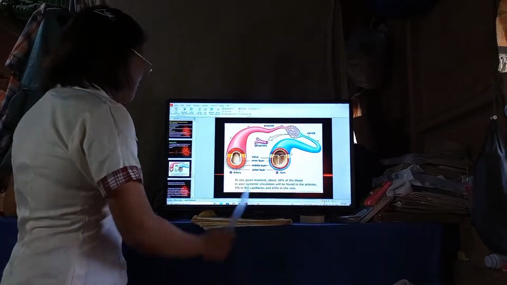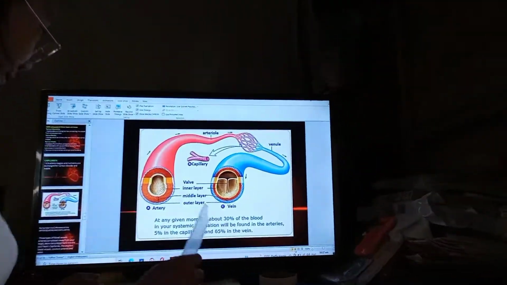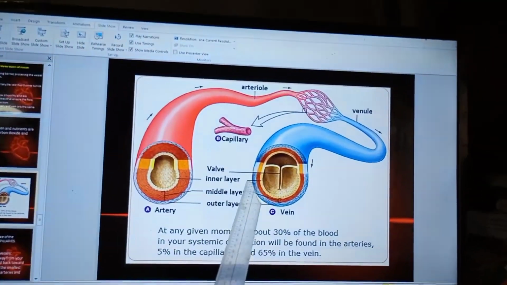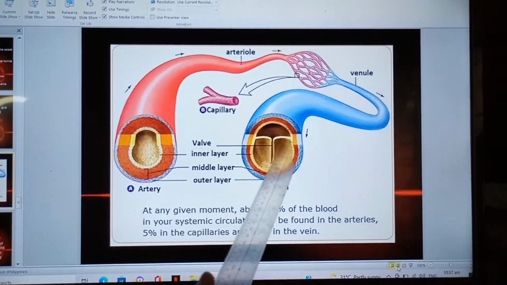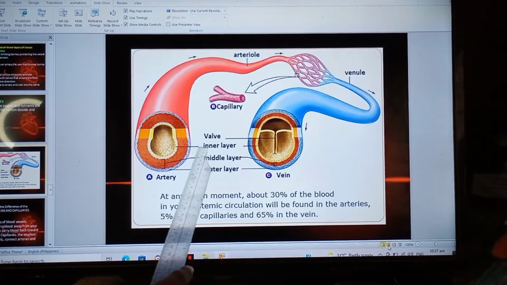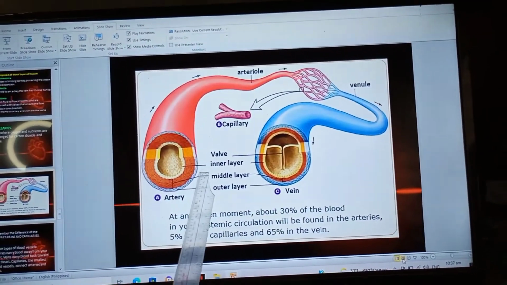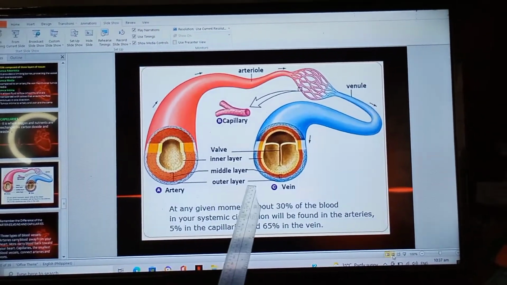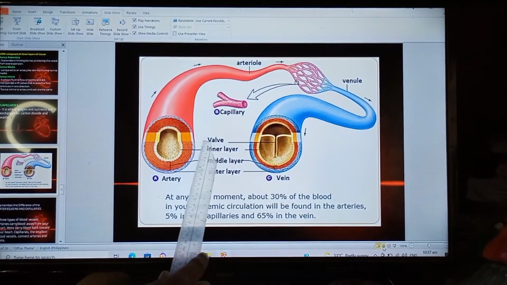let me show you this picture. As you can see, this is the vein while this is the artery. They have an inner layer, middle layer, and outer layer, and the vein has a valve.